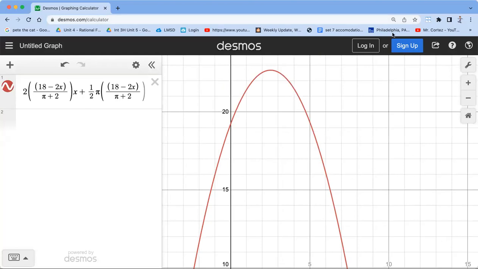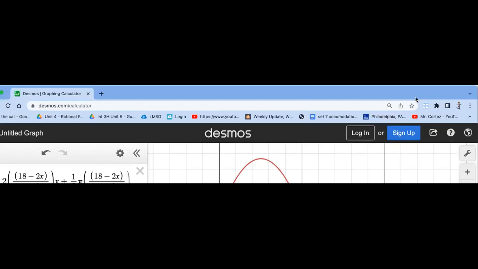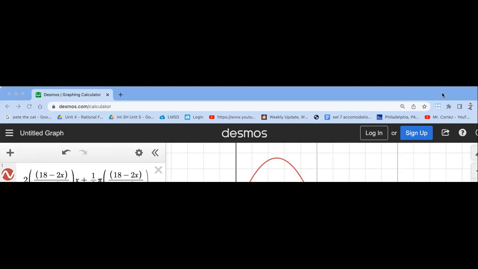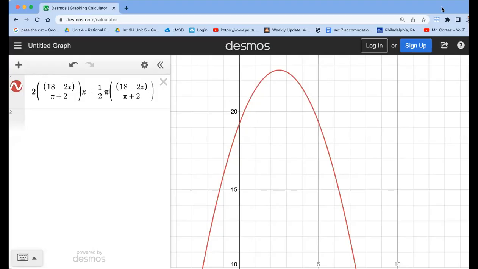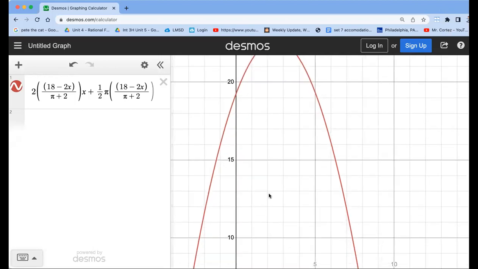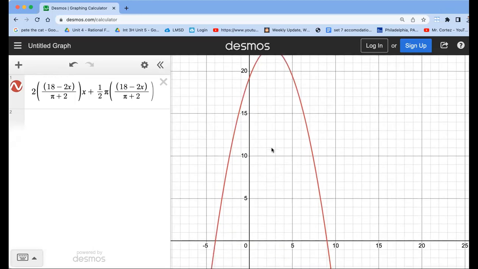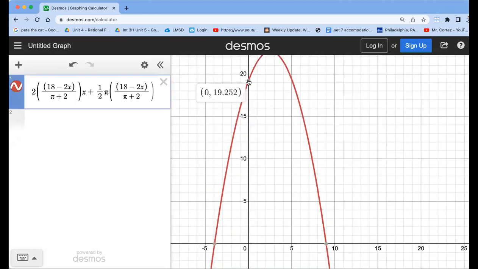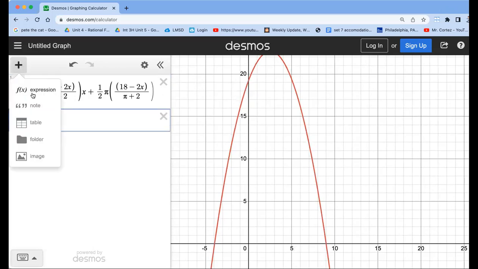Again, instead of h, I'm using x. So this is going to kick back the height of this figure. We see that our domain is going to be with 2 roots, potentially, but we really only want to include from 0 to 9. So let's make a note of that.